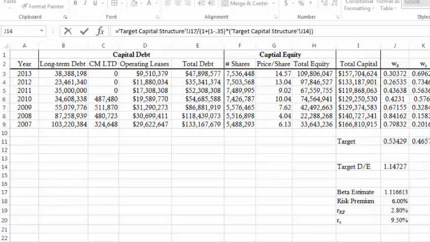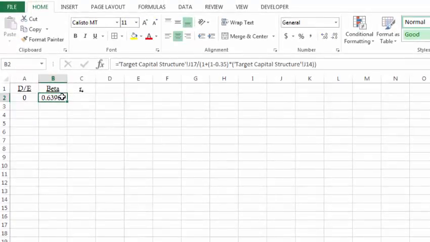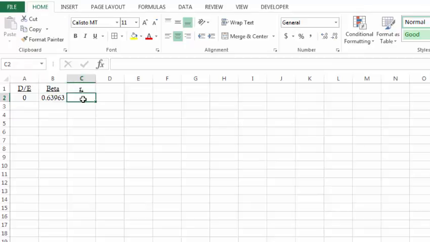And so I'm going to say enter. If they would get rid of all of their debt, I would be estimating a beta of 0.63963.